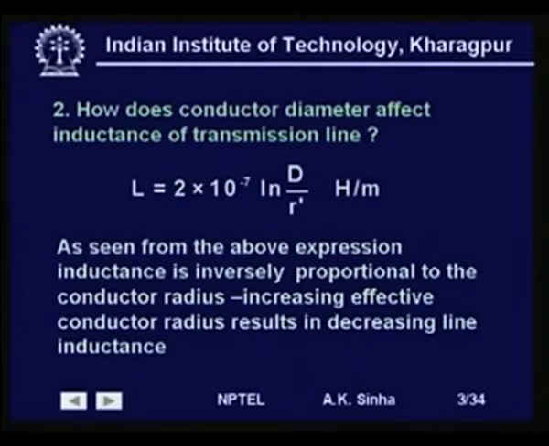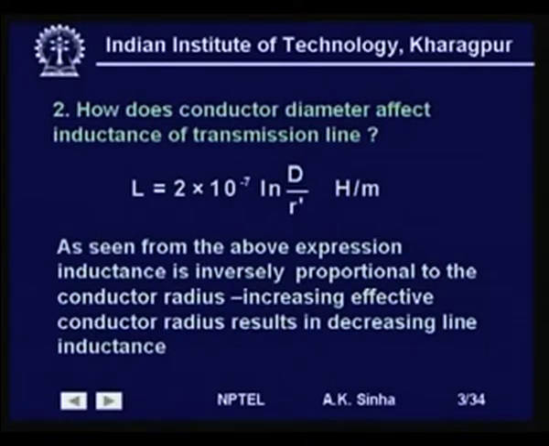Next question was, how does conductor diameter affect inductance of a transmission line? Well, if you remember the equation for inductance, which was L is equal to 2 into 10 to the power minus 7 ln d by r dash henries per meter.